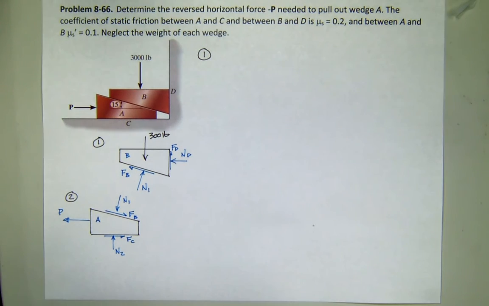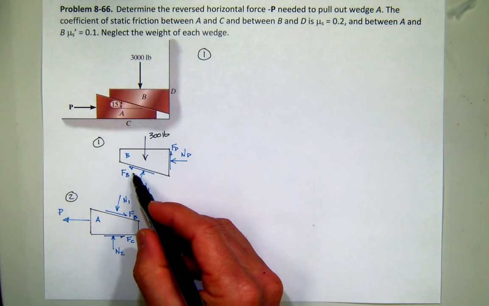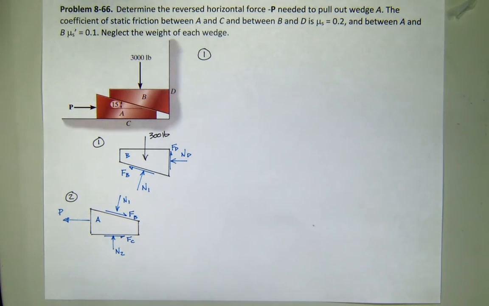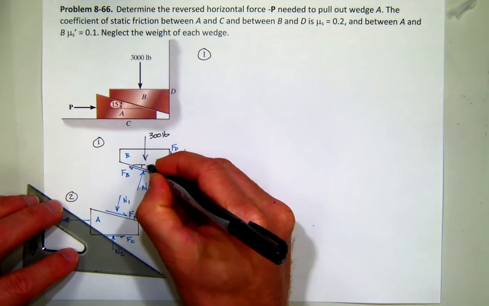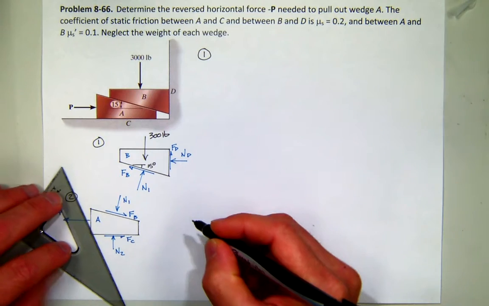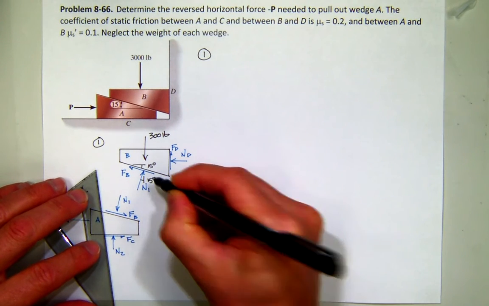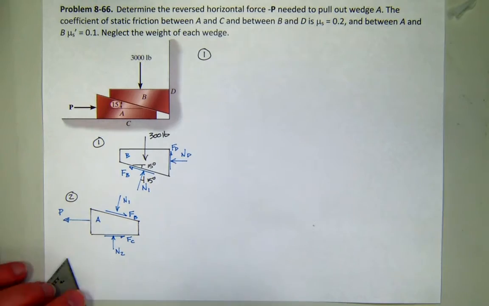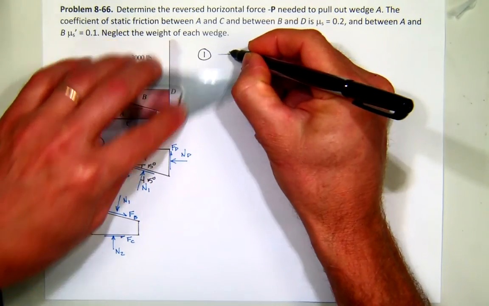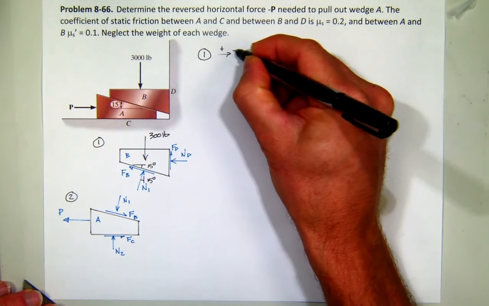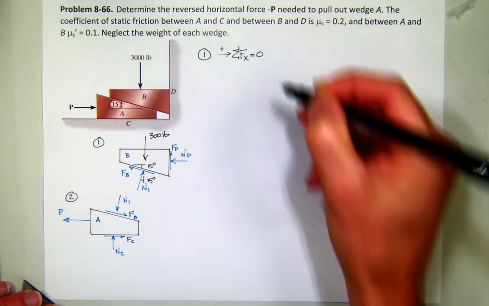What makes this a little challenging is you'll notice that both the normal force and the friction force have components in both directions. And just to remind you, that's 15 degrees and 15 degrees. So let's start. We'll sum forces in the x direction and see what we get.